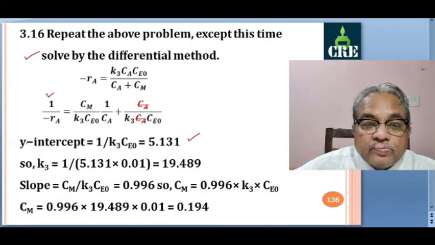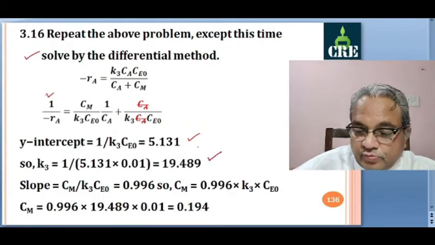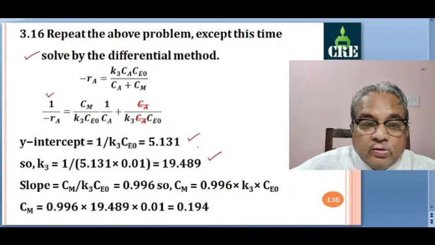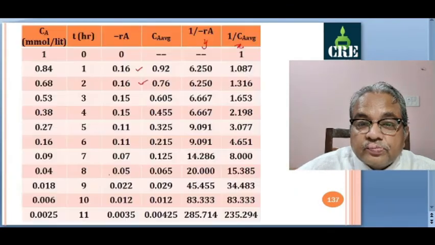So K3 is obtained, and that comes out to be 19.489. By integral method of analysis it was 19.82. This slope is giving Cm by K3 Ce0, and slope is 0.996.